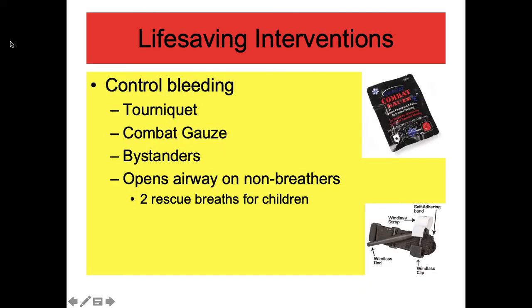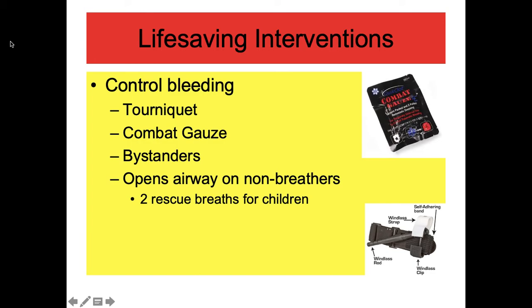So again, if the person needs a tourniquet, if they need combat gauze, if you've opened the airway and they start breathing on their own, these all become red category patients. And this is just the minimal treatment that we do within that 30 seconds that we have with each patient, essentially.